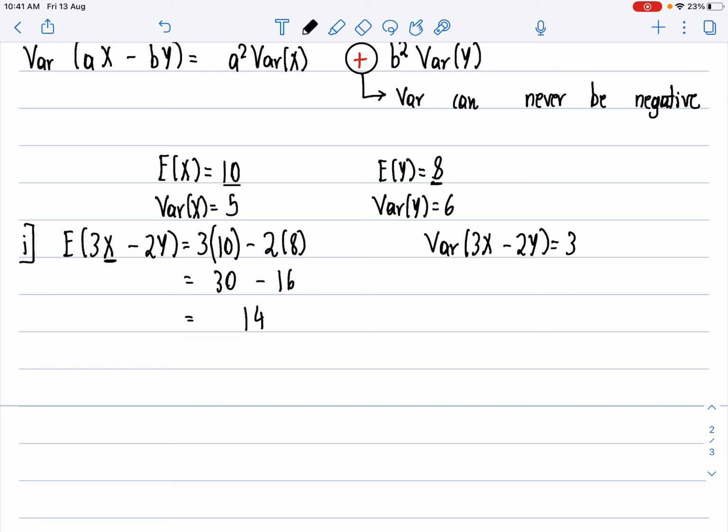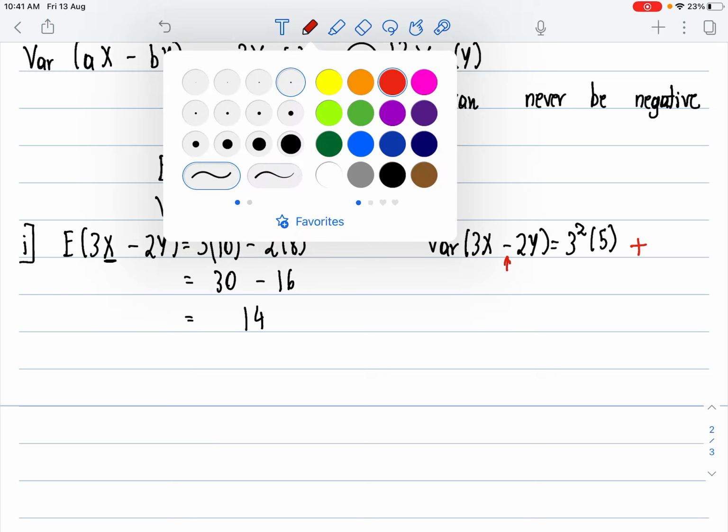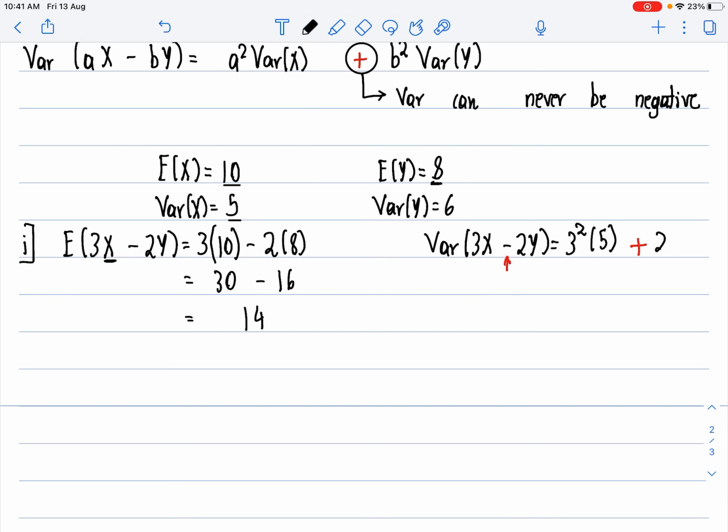Now I have the variance. This will be 3 square into the variance of x, which is 5. Plus, the sign of the negative will change into plus, 2 square into the variance of y, which is 6.